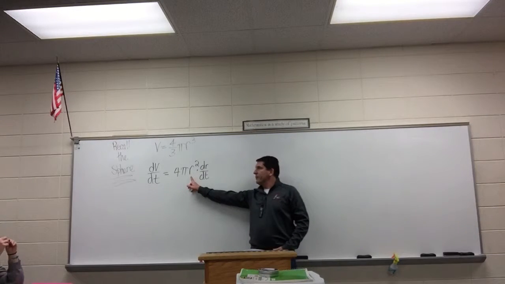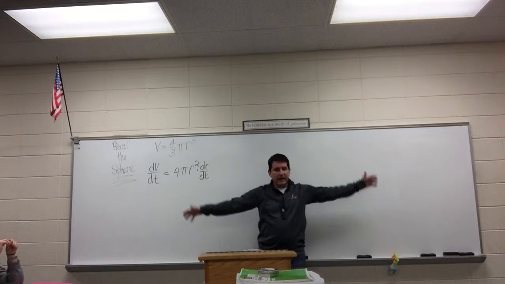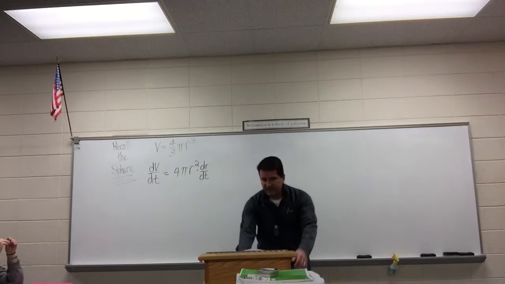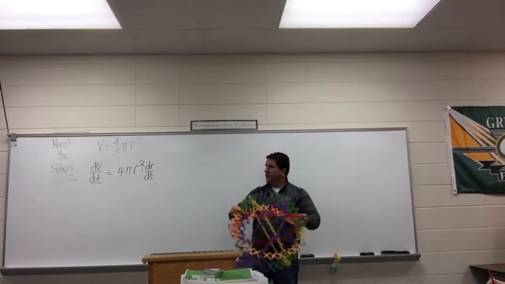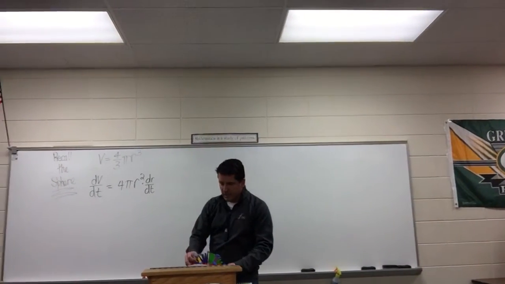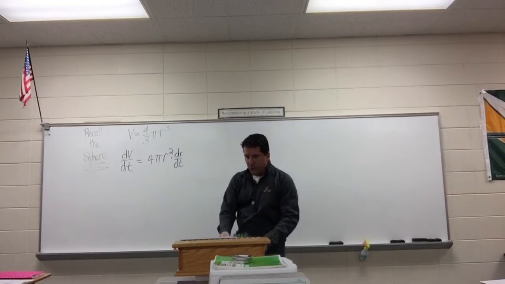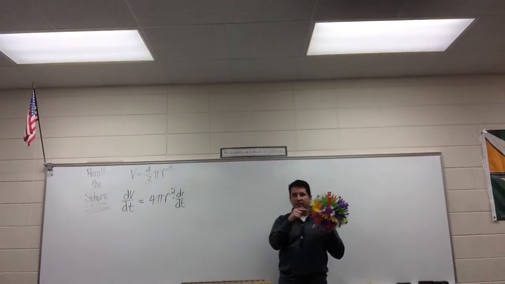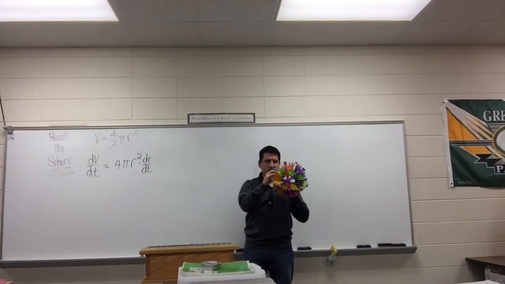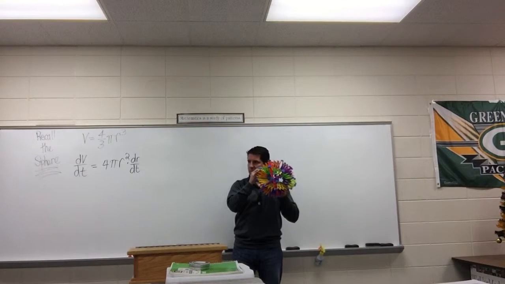So the bigger the radius, the faster the volume is growing, which gives it that impact like this, vroom, which shows how fast it grows. And so if you want to reverse it, if you're blowing air into this, dV/dt is a little amount, which means the radius is just going to move a little bit about.